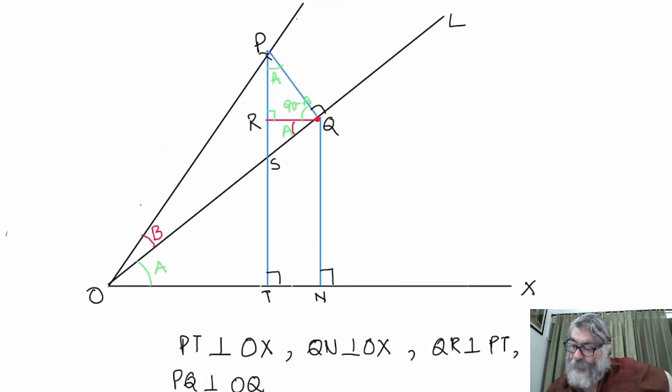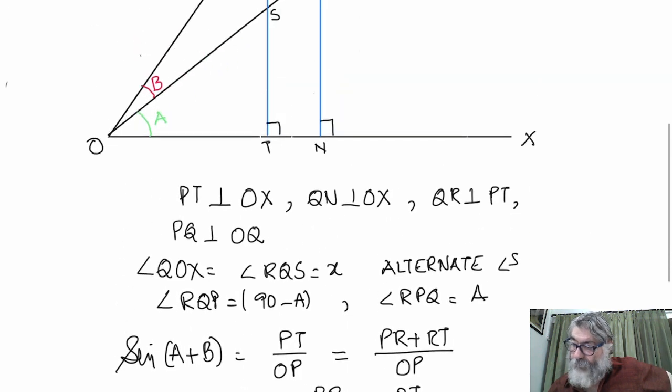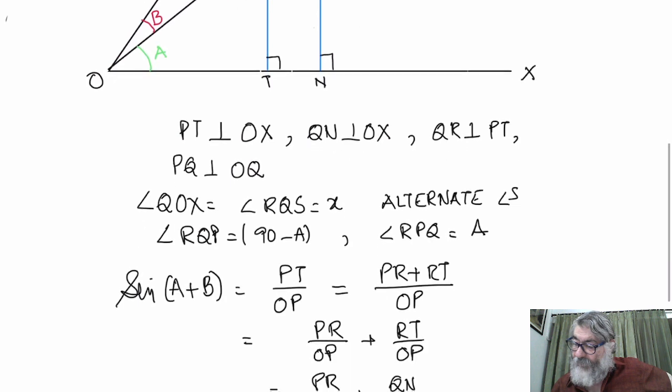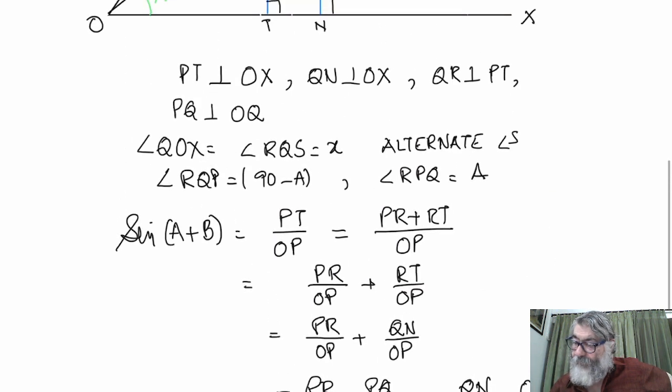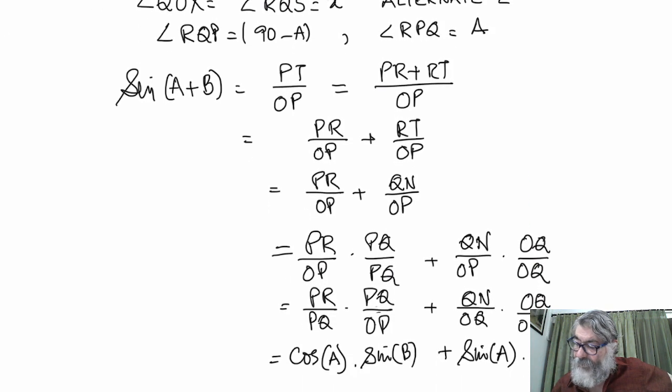QN upon OQ is perpendicular upon hypotenuse, so it will become again sine A. And OQ upon OP is base upon hypotenuse, which will be cos B.